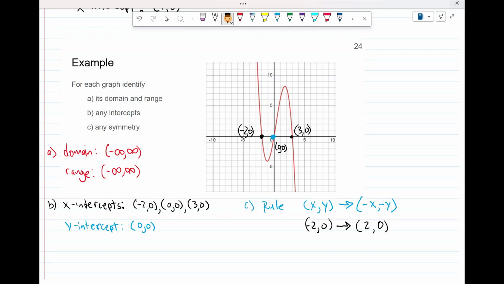So 2, 0 should be on this graph, but 2, 0 is right here. It is not on that graph. If that is the case for even 1 point, we know there is no symmetry about the origin.